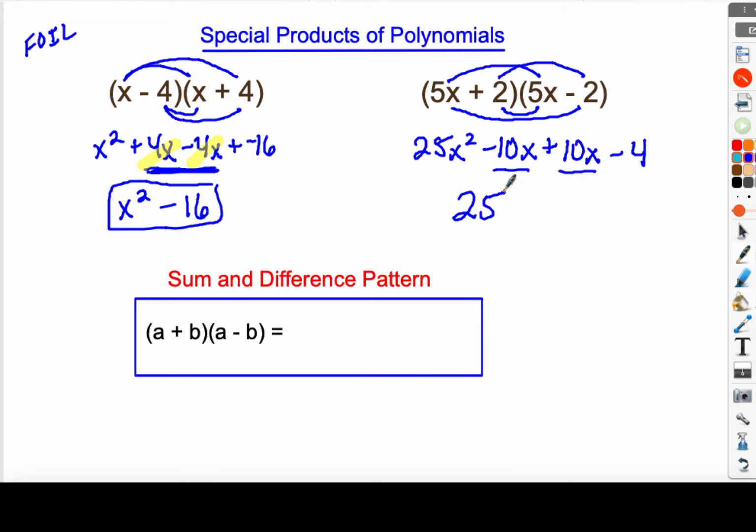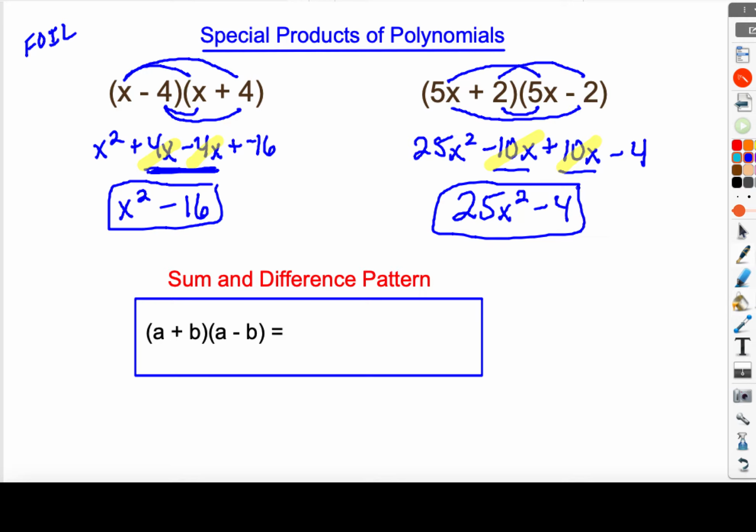If we combine our like terms, we get 25x squared, and those minus 10 plus 10 terms, those x to the first terms, disappear. We really only get those two perfect square terms, 25 and negative 4. The 4 at least being a perfect square, I guess, not with the minus. But we get those two terms when we're done.